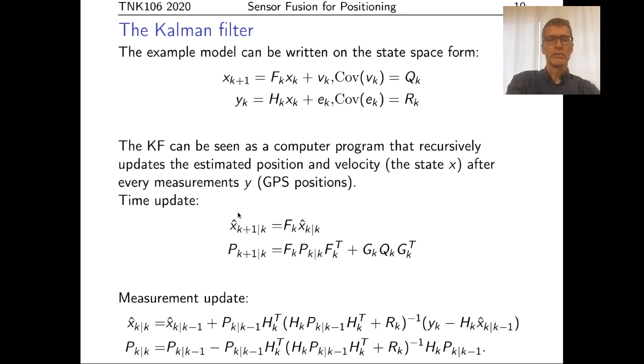So the Kalman filter equations can be summarized as these 4 recursions. There's a time update that applies in between every sensor observation, and after each sensor observation we apply a measurement update to update both the estimated state, x hat, and its covariance matrix.